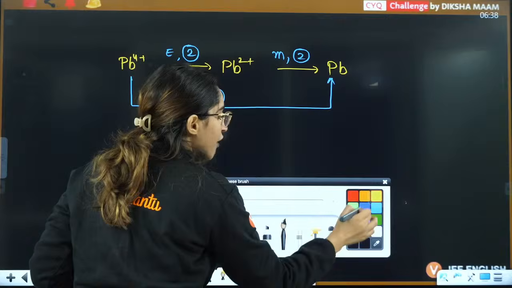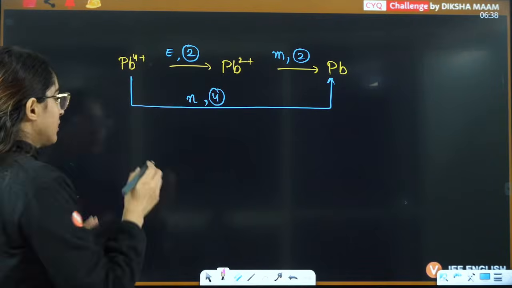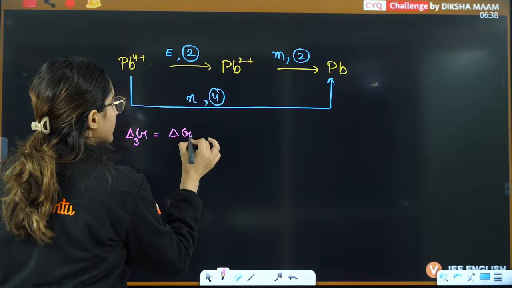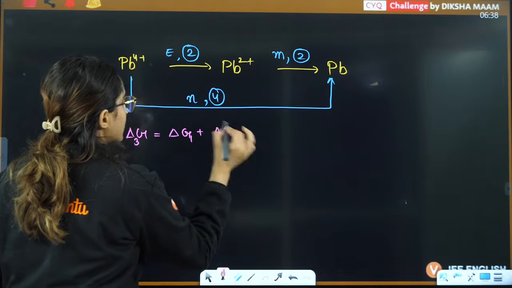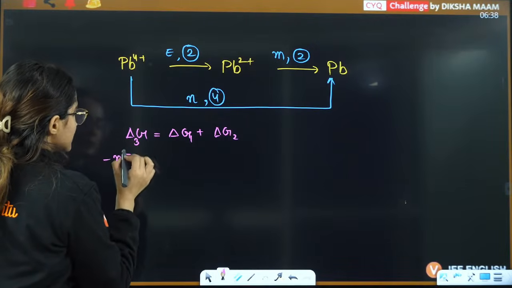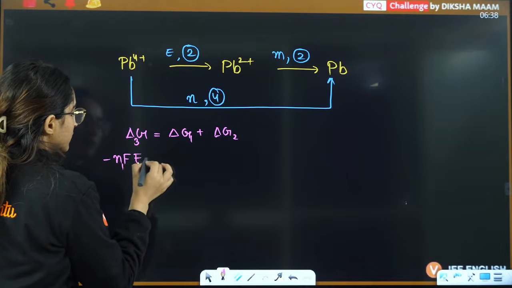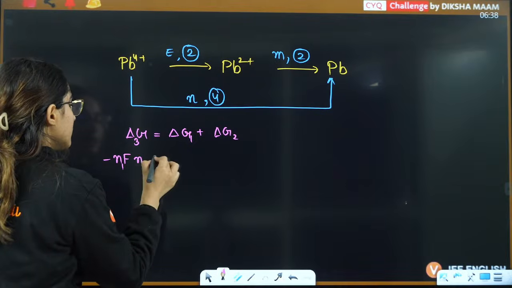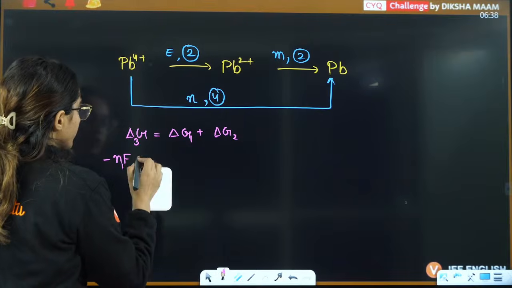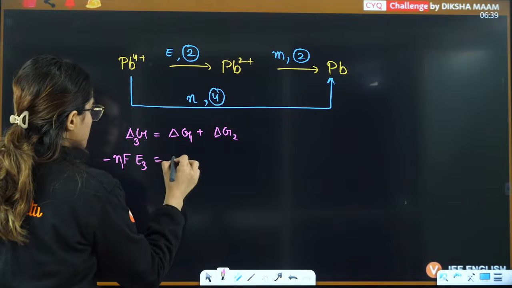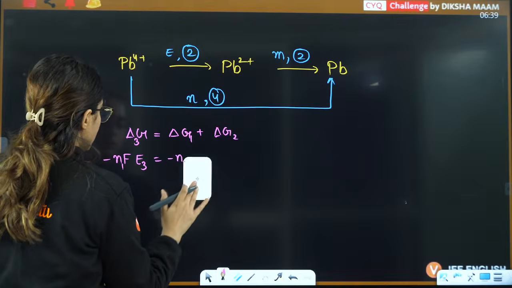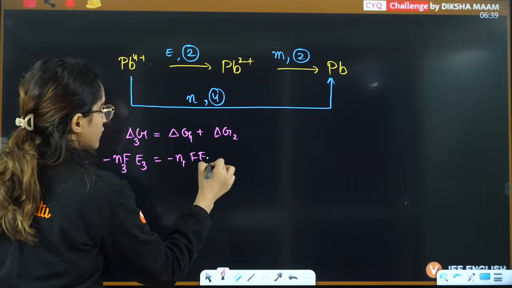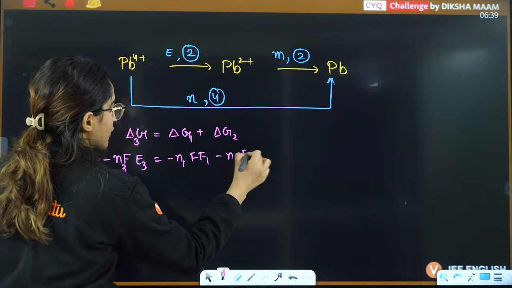Now all you have to do is apply conservation of Gibbs free enthalpy. Delta G3 is equal to delta G1 plus delta G2. Delta G is nothing but minus n1 F E1. So this is minus n3 F E3 equals minus n1 F E1 minus n2 F E2.